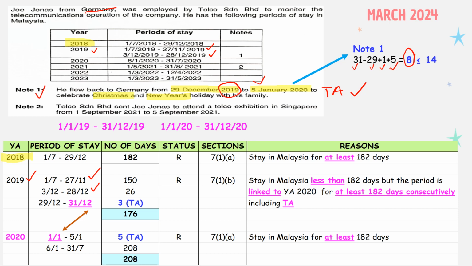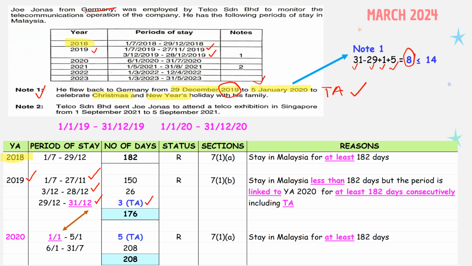So I want you guys to split the period based on year. You cannot mix up the period. You cannot combine the period. Okay, let's focus on 2019. So 2019, 29 December until 31st December. This is temporary absent. Okay, let's continue. Record our TA for 2020.